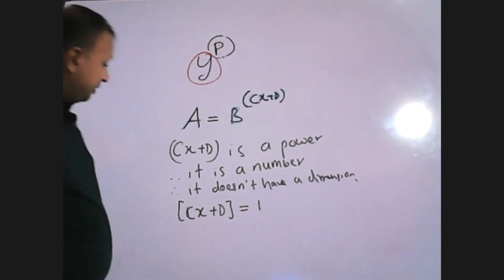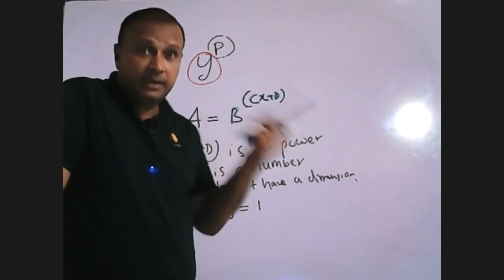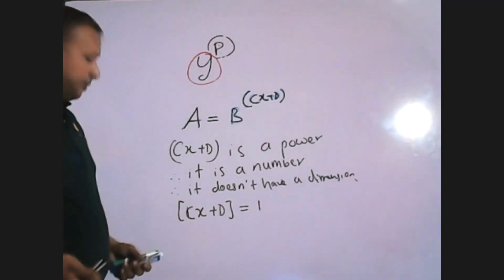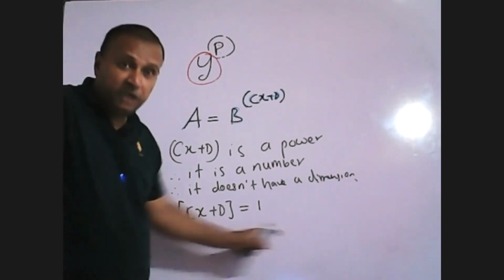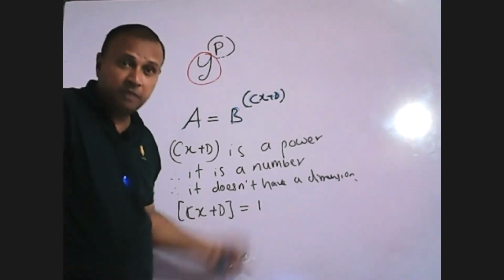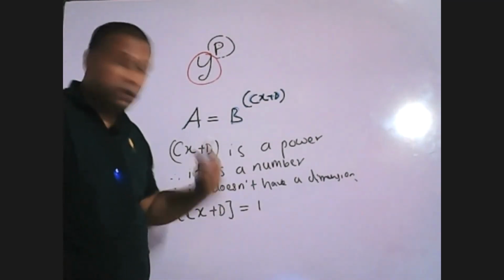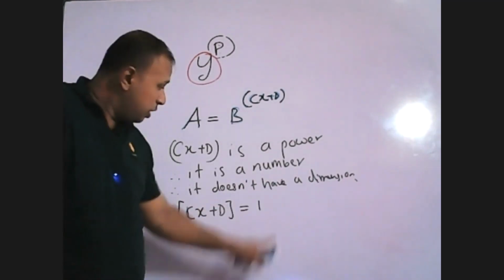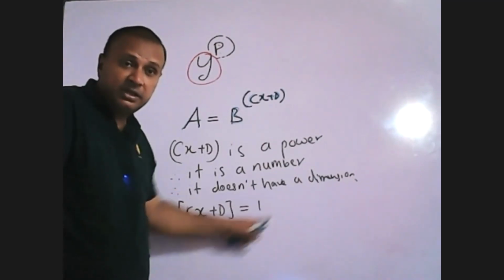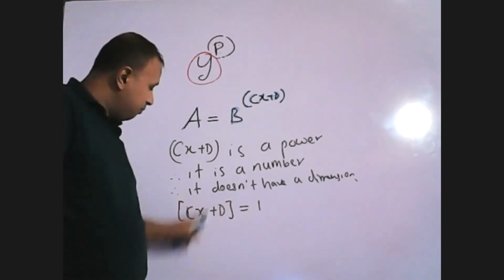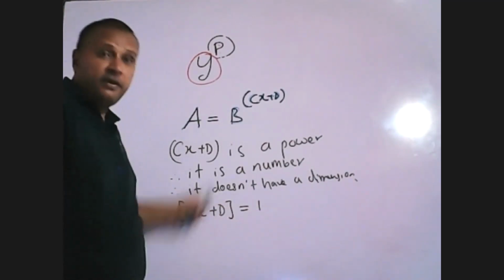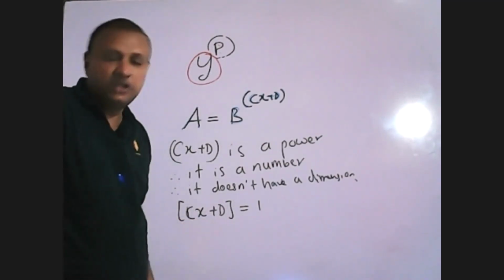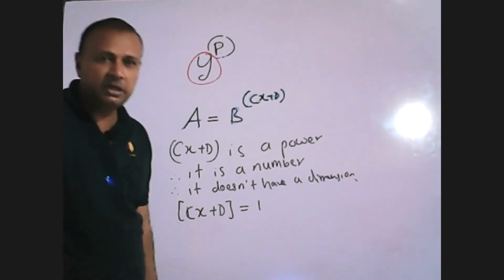Then I can use my previous factor: if it is an equation, each and every term should have the same dimension. So if it is a dimensionless quantity, each and every physical quantity should be dimensionless.